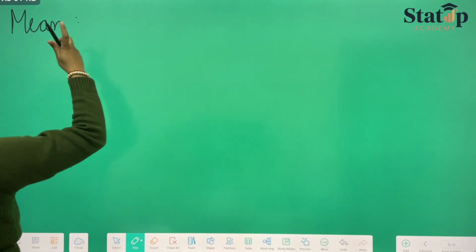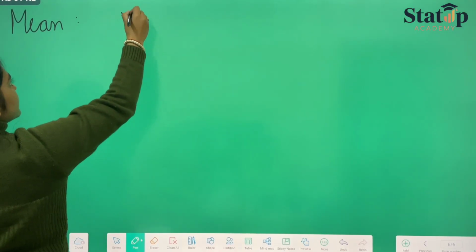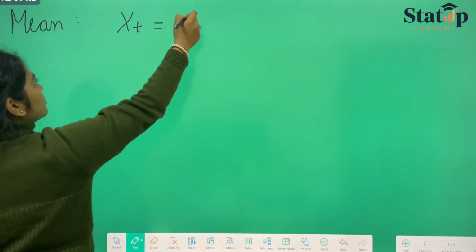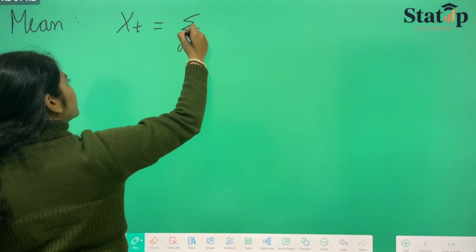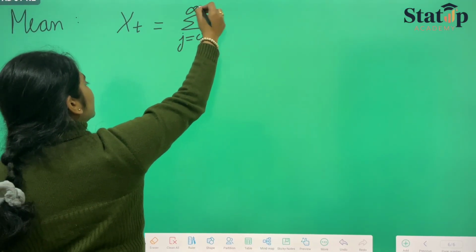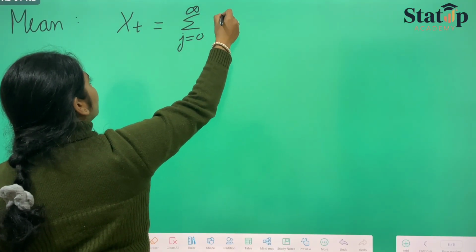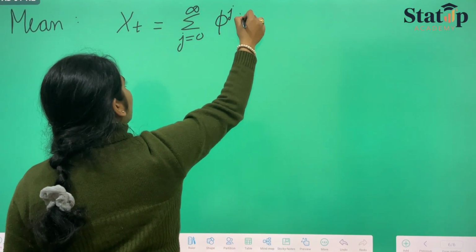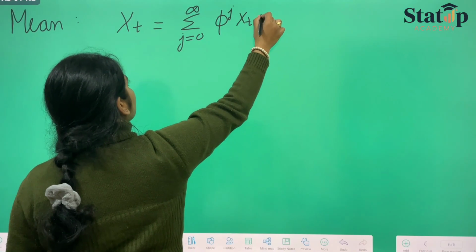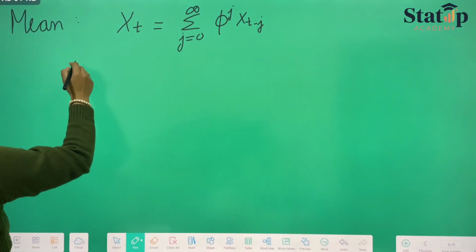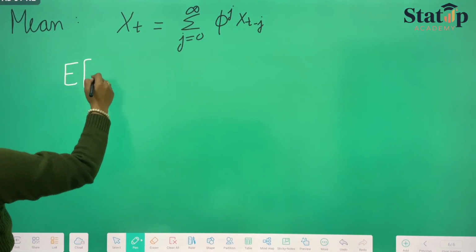For the mean, the model is given as x_t equals the summation over j from 0 to infinity of phi^j x_{t-j}. If we take the mean, it would be the expectation of x_t.